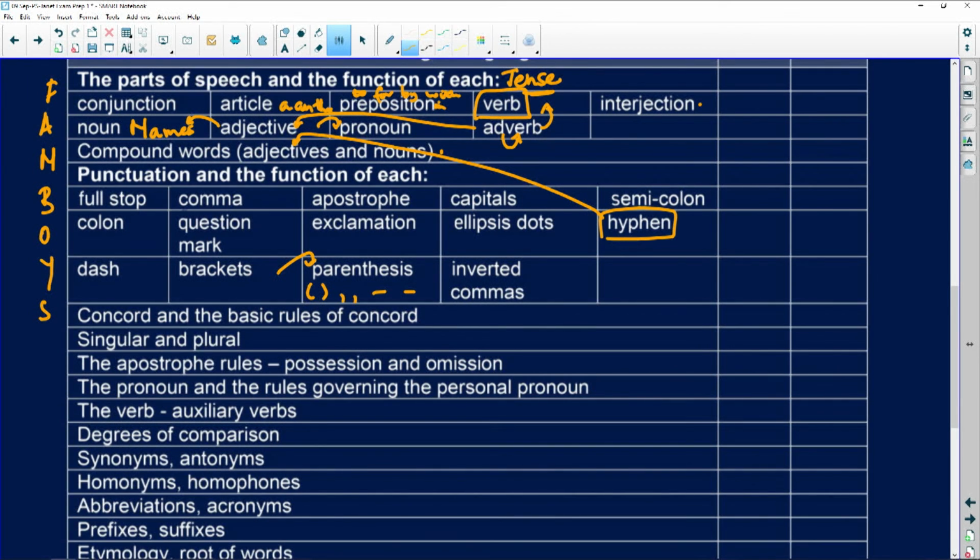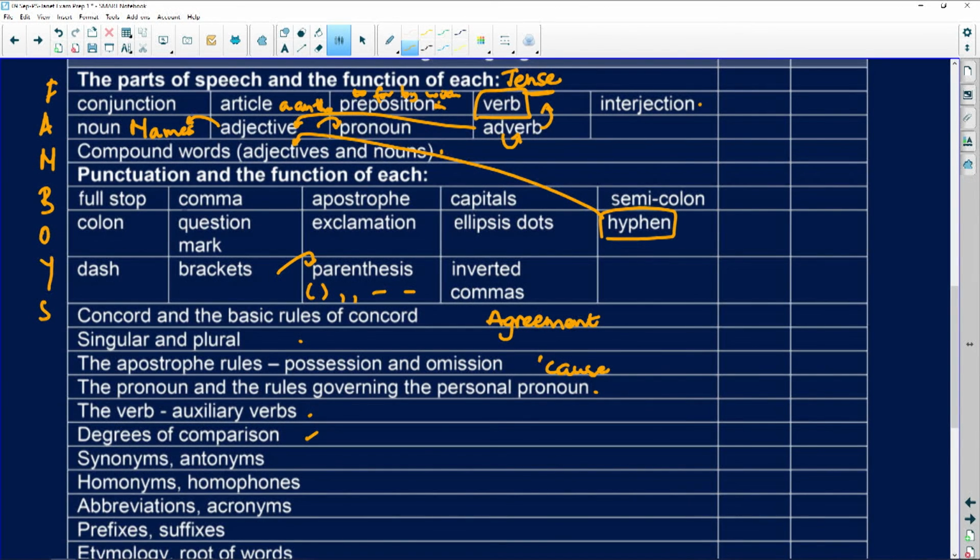Concord is agreement, especially the agreement of the subject and the verb. We've talked about singulars and plurals. We've talked about the apostrophe for omission. We talked about contractions, but also the apostrophe for possession. Pronouns, verbs and auxiliary verbs.